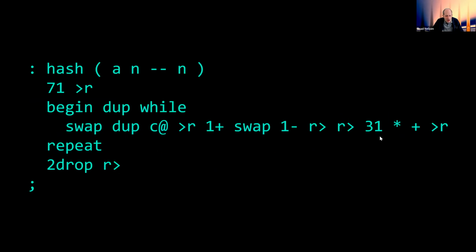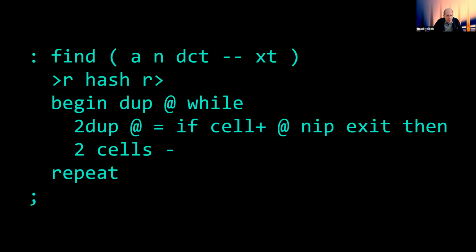So I've got a simple hash function that uses some weird primes and grinds down and turns a string into a single number, and that will let me implement a version of find that takes a particular vocabulary as a parameter, and then walk and see if I find a word in it or not.